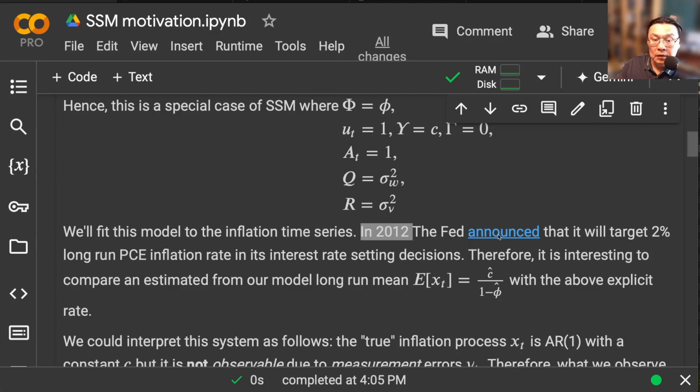So you can look up this article. I'll give you the link, which describes this whole history of the Fed deciding to make their inflation target explicit. Before 2012, obviously they had some target, but they never released it.